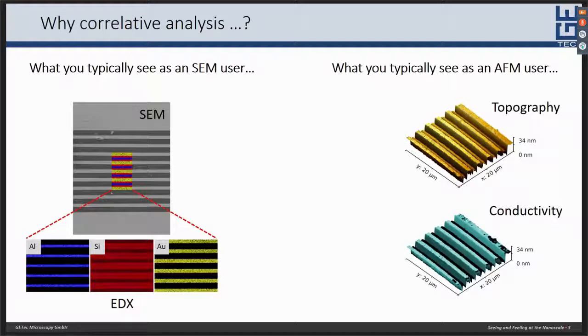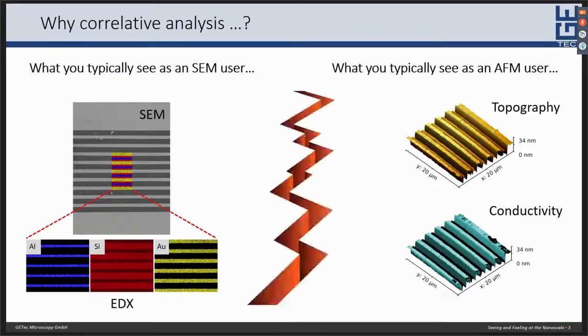But if you now want to correlate the AFM and the SEM information directly, you will find a big trench between the two techniques due to the following reasons. First, the transfer of the samples between the SEM and the AFM takes a lot of time.